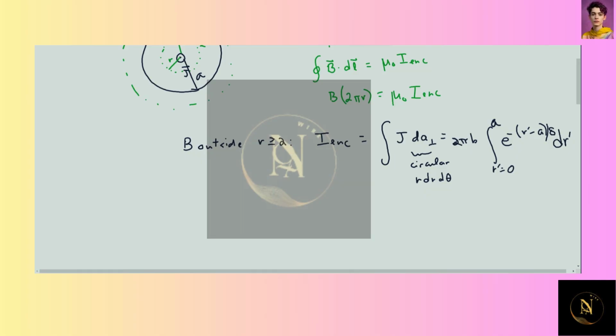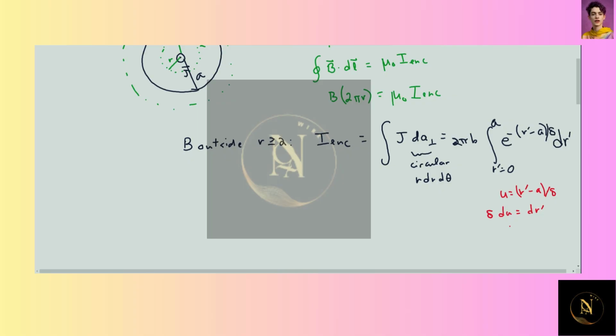Now this integral is not too hard to do. It may be a little bit easier if we make the substitution. u is (r prime minus a) over delta, and then du is dr prime over delta. So let's bring the delta over to the u side.